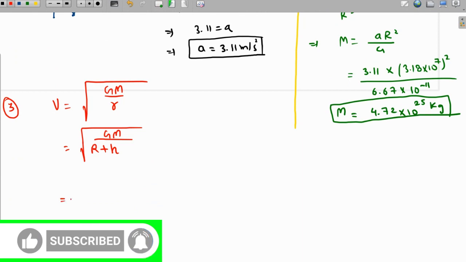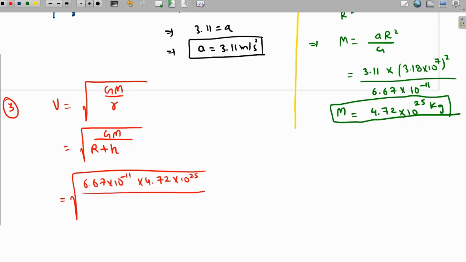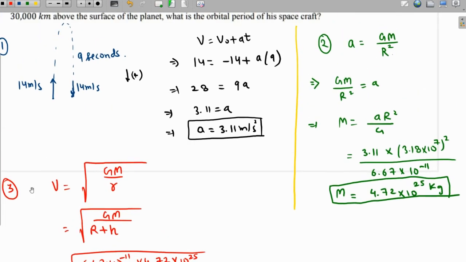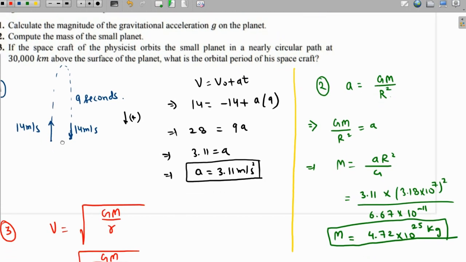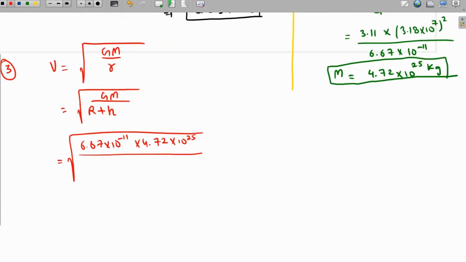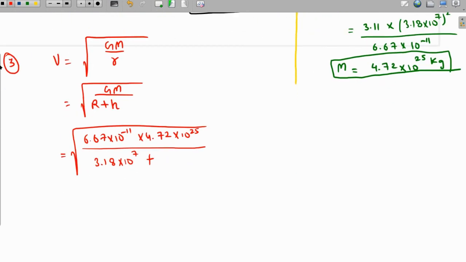We know the value of G as 6.67 times 10 raised to minus 11. Mass is 4.72 times 10 raised to 25, over r plus h. What is R? R is the radius of the planet, which is 3.18 times 10 raised to 7, plus its height, and the height is 30,000.